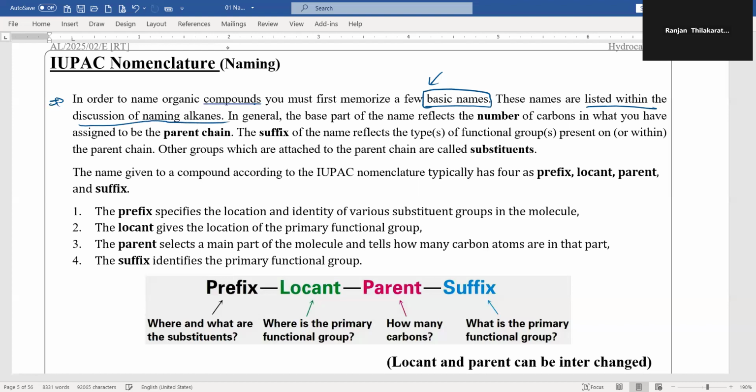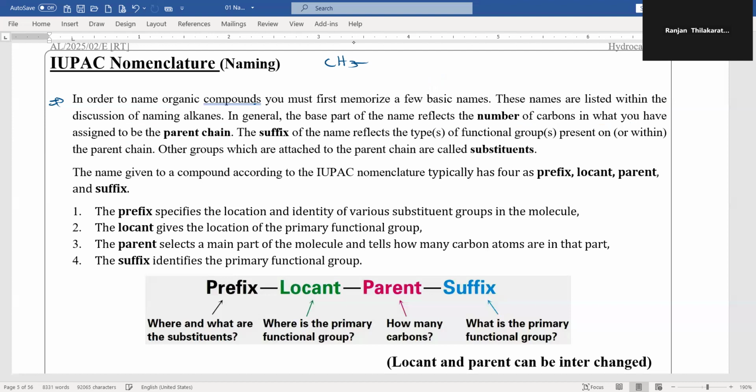In general, the base part of the name reflects the number of carbons in what you have assigned to the parent chain. If you have only one carbon, then we call it meth. Depending on the number of carbons, you get the name assigned to the parent chain.